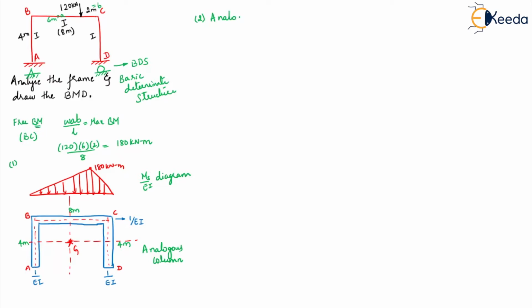So analogous column properties, right? Now first let us find the area of the analogous column. I am calling it A. There are three portions, right? So these two portions, what is the width? 1 by EI is the width.